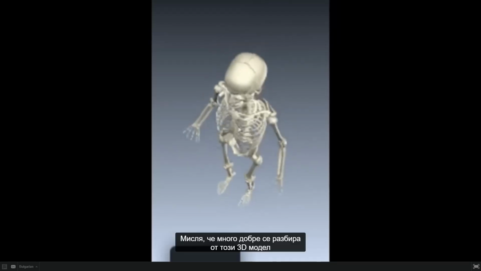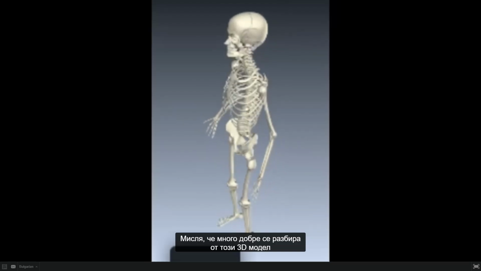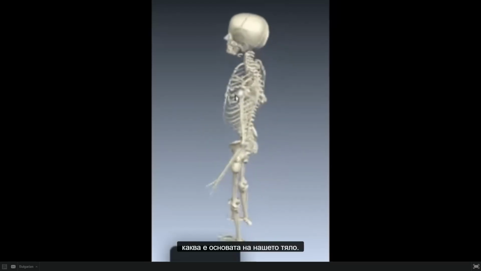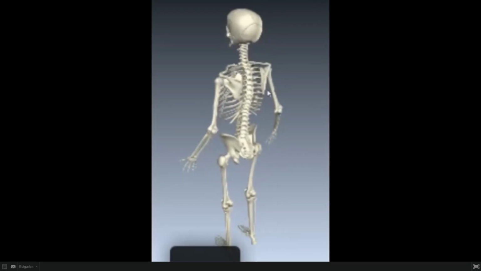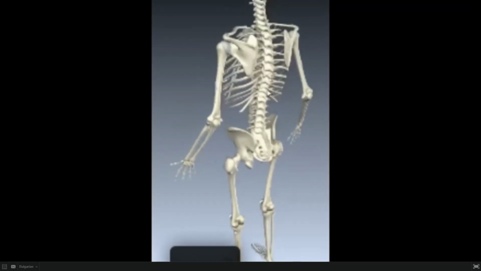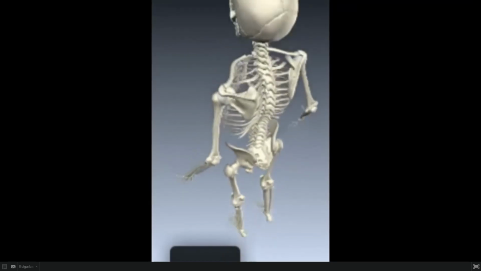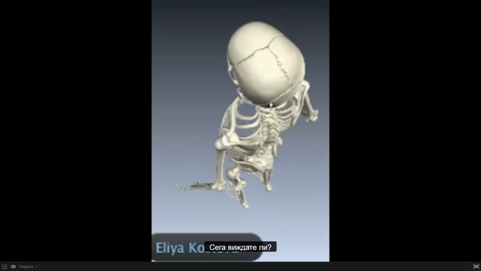I think it's a really good 3D model to understand how our body is built. We can't see any pictures. We cannot see any pictures whatsoever. Skype.